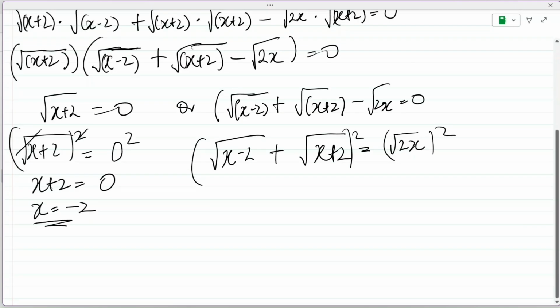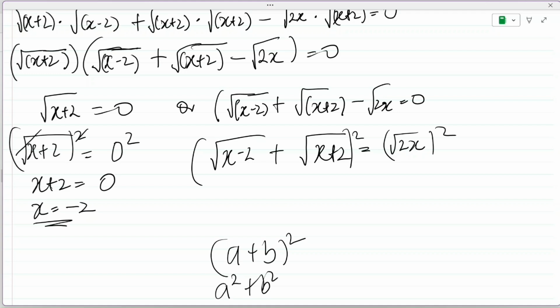Now on the left, it's like saying (a plus b) squared is the same thing as a squared plus b squared plus 2ab. The same applies here. Your a is root x minus 2, your b is root x plus 2.